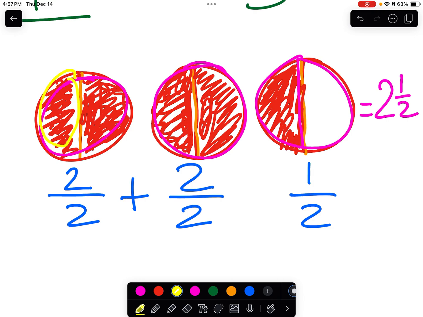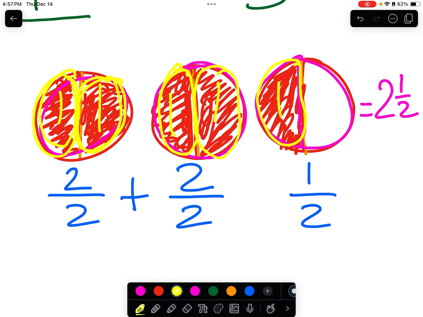I've had 1/2 plus another half, that's 2 halves, plus another half, and then another half. That's now 4 halves, because 1, 2, 3, 4. And then I've had one more half. So I've had 1, 2, 3, 4, 5 halves in all.